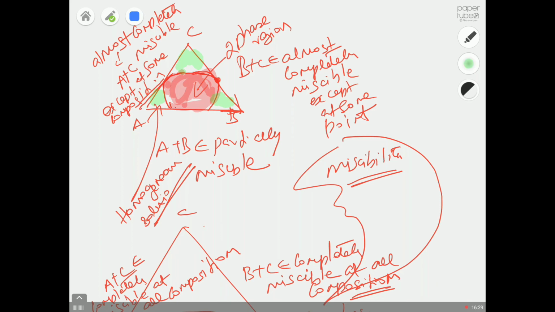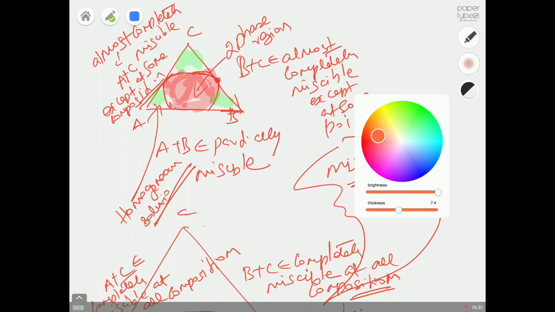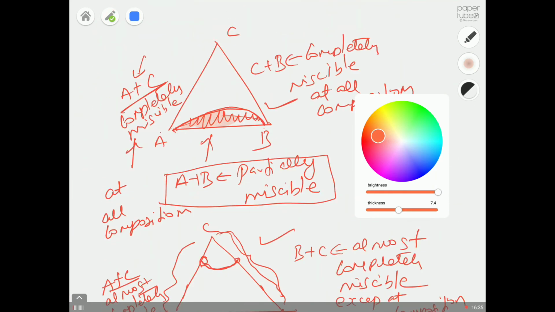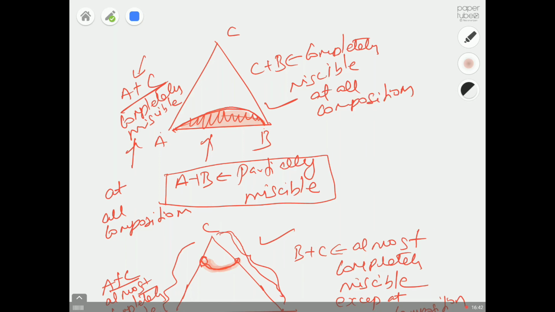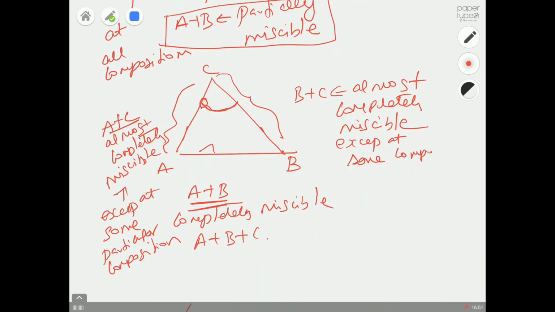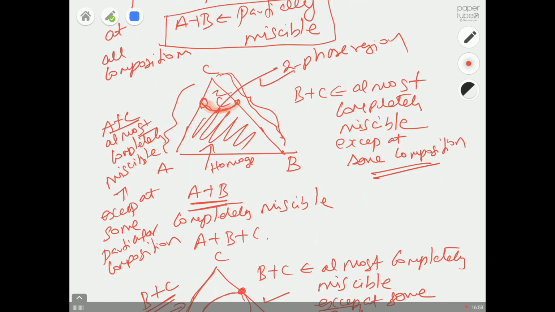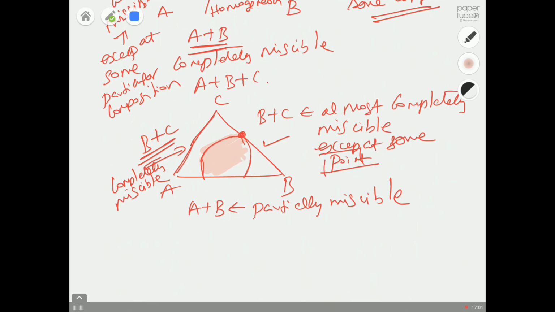Coming back to this diagram, this region is a two-phase region in this graph. This is your two-phase region, just this one line, to follow whatever I'm drawing now. Everything else is homogeneous. And again here, pay attention, because you won't find this in any textbooks.